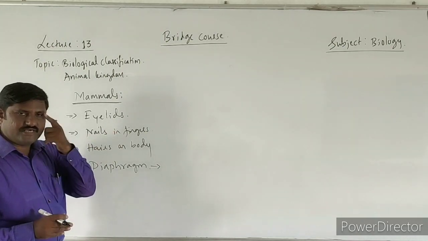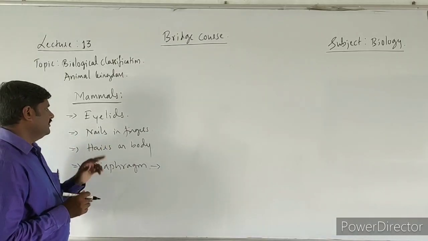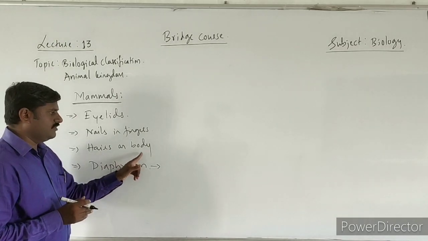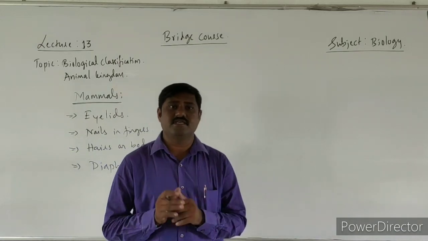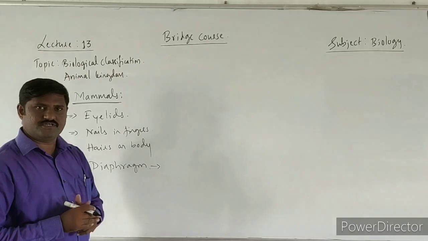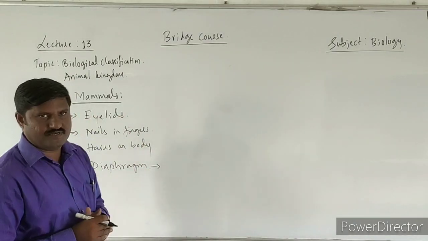Eyelids are seen over here. Eyes can be closed with the help of eyelids. Nails are present on the fingers, hairs on the body, and the diaphragm is seen in these animals, right? So these are some unique features of mammals.